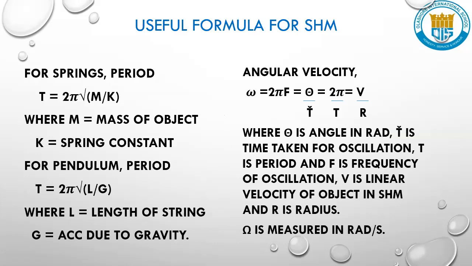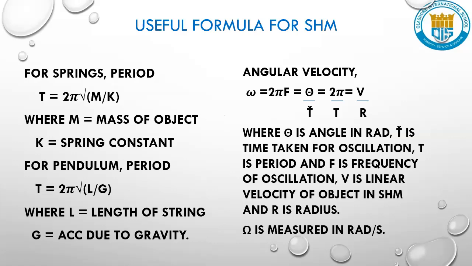Useful formulas for SHM. These are just to bring together some of the things that we have already looked at. Formulas for the periods of springs and of pendulum bulbs, we have them here. For a spring, T equals 2 pi root m over k. m is the mass of the object, k is the spring constant. For a pendulum, T equals 2 pi root L over g.